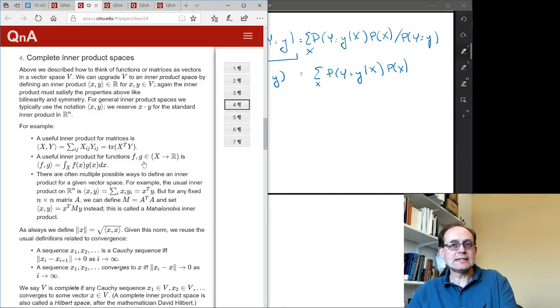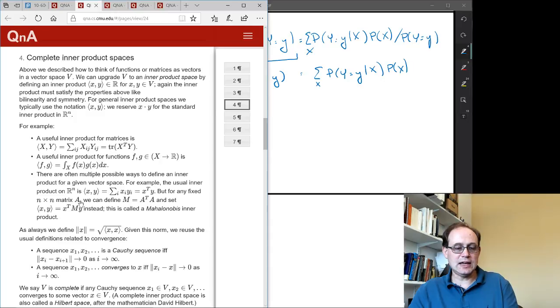But the point is that for any given vector space, there are usually many different ways to turn it into an inner product space. In other words, there are many different inner products that we could define. So for example, going back to Rn, the usual inner product is the dot product, the sum of the products of corresponding coordinates.